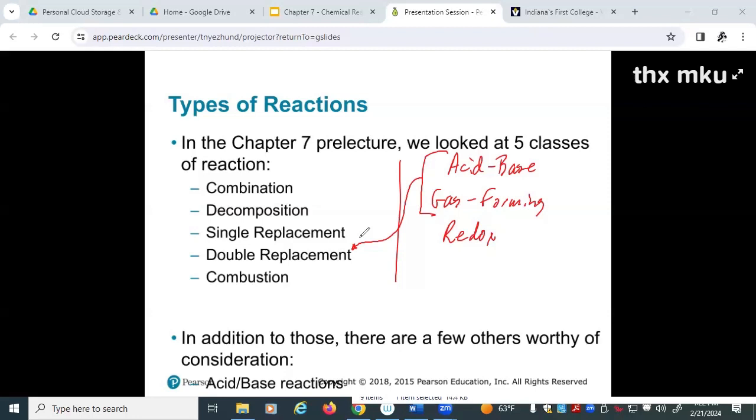And as an umbrella term, most of the other types of reactions that exist fall into this big, larger category of redox reaction. And so it becomes just a matter of recognizing some of the key attributes of redox. And we'll talk about what those key attributes actually are.